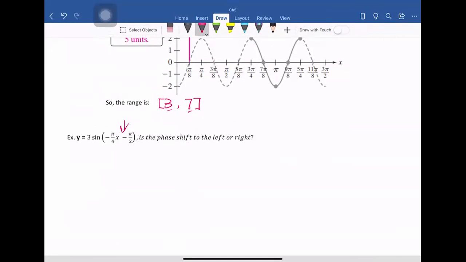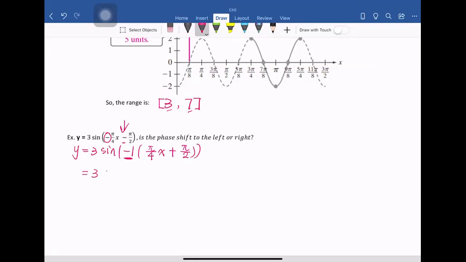But here, remember, b is negative. We need to convert it to a positive b. So y equals 3 times, factor out the -1. -1 times pi over 4 x plus, because we factored out -1, we need to change the sign here, plus pi over 2.